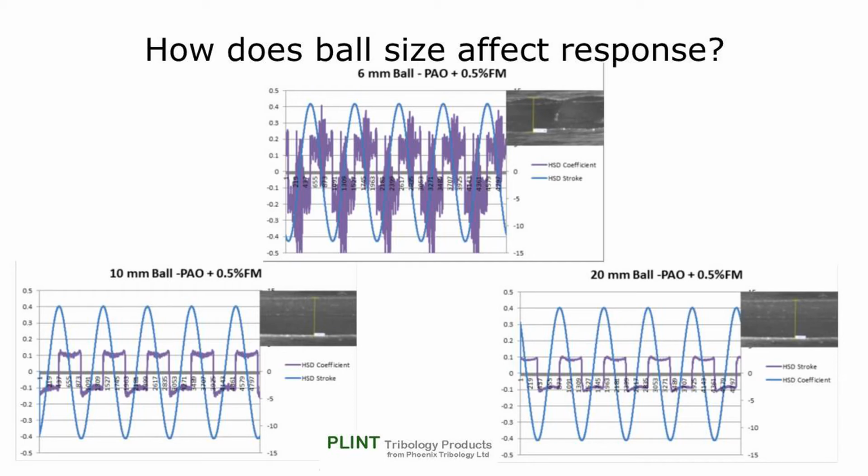In all three cases, an elliptical ball scar is produced, consistent with severe adhesive wear. It would appear that in an experiment with a hard ball running on a soft surface, the smaller the ball diameter, the greater the penetration depth and the greater the potential for plastic flow and work hardening.